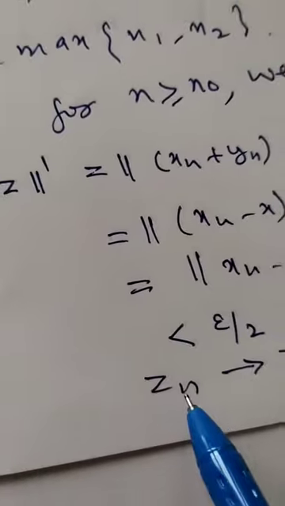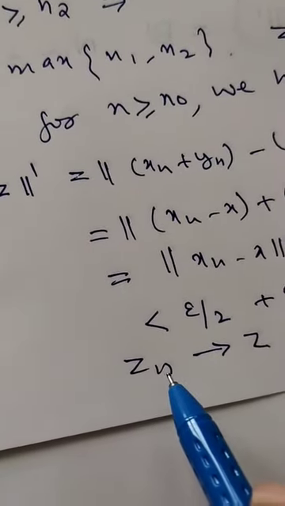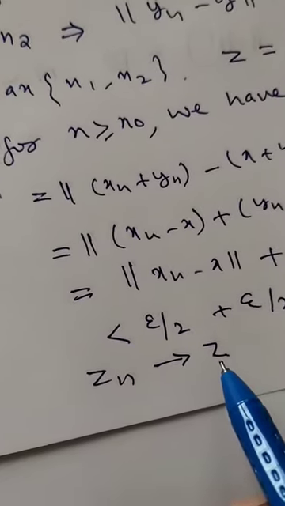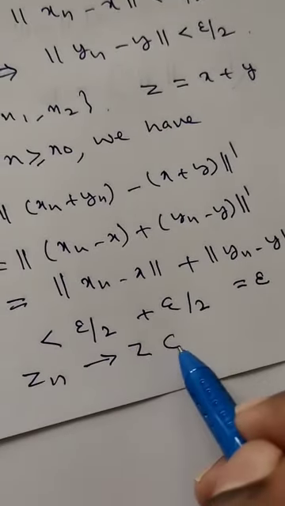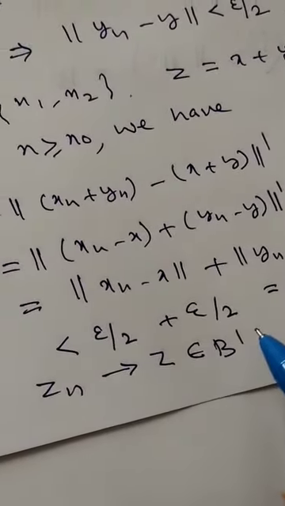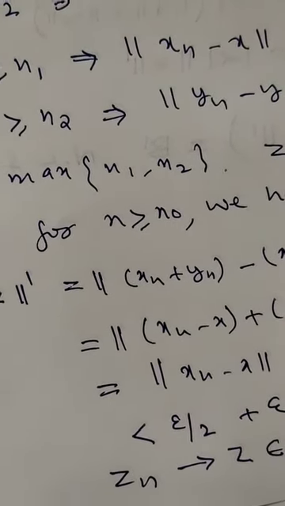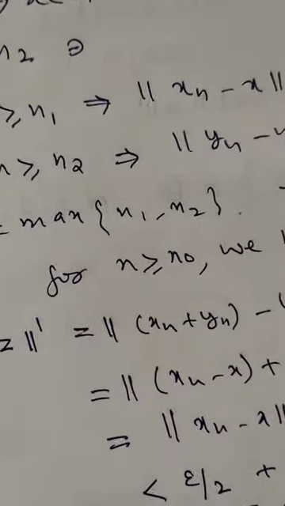Therefore, we have considered a Cauchy sequence Zn in B dash and proved that it converges to the element z which belongs to B dash. Therefore, we can say B dash is complete. So if B dash is complete, then it becomes a Banach space.